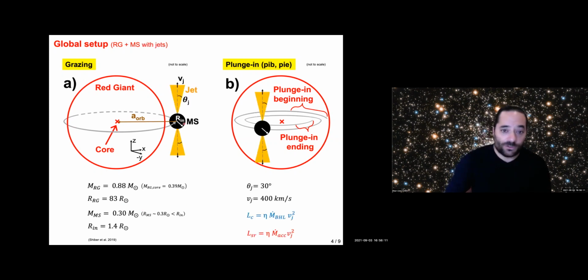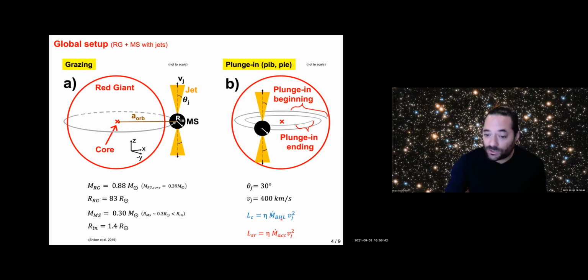Then we also launched jets. We're either launching the jets at the grazing stage, or at the beginning of the plunging, or at the end of the plunging. And I hope Jesus Tuala isn't here, so he's not annoyed with this velocity for the jet. We take a 30-degree opening angle, and the luminosity of the jet is consistent with what Sagiv used in his study.